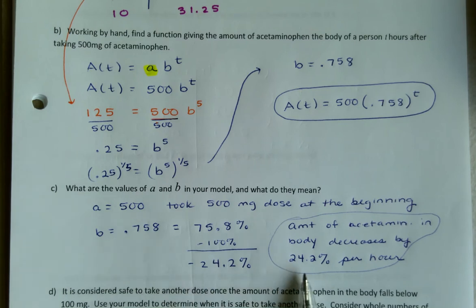But exponential functions are always relative rates of change, right? They always are going to tell us what percent we're changing per hour, per day, whatever your units happen to be. So absolute rates of change were linear. We're now dealing with relative rates of change or percent change per unit of time.